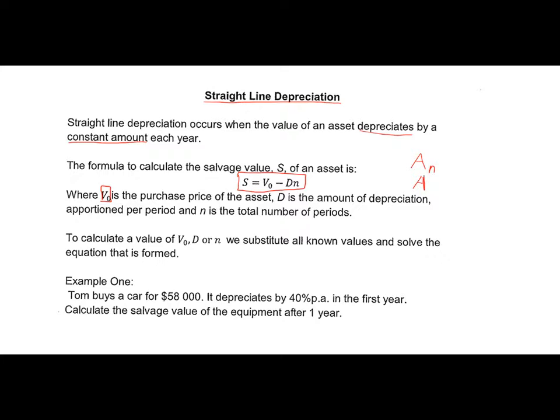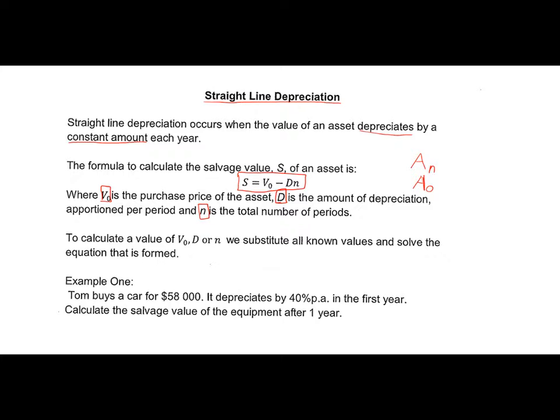But it's not a deposit, it's the value of something, so we're using a V instead. D is the amount of depreciation each time, and N is the total number of time periods. Make sure the time periods match up with how often the depreciation happens. It tends to be that they do, but just check.